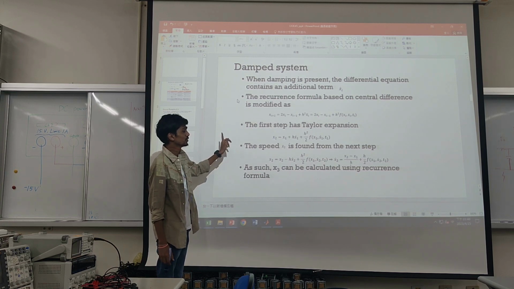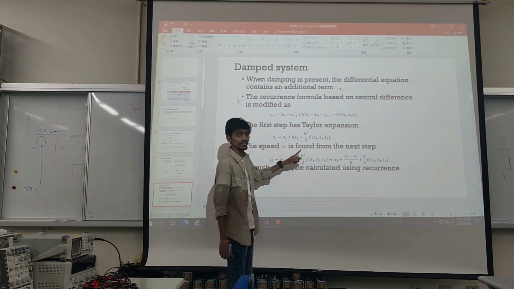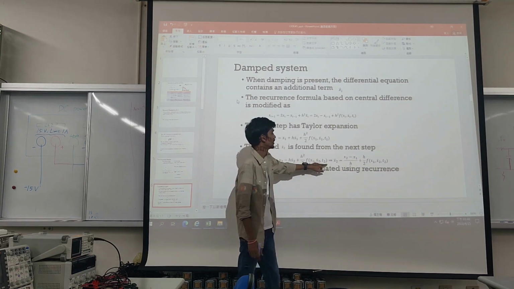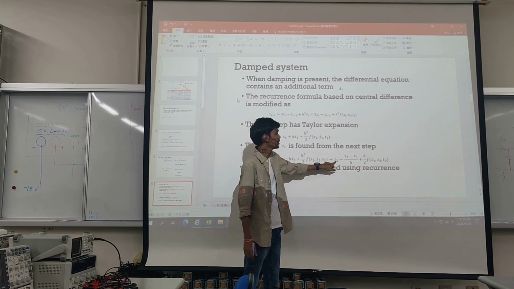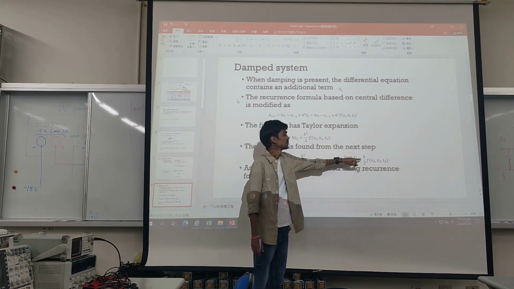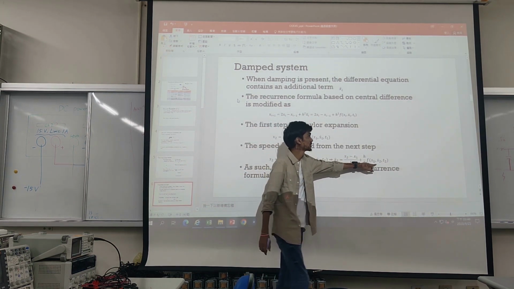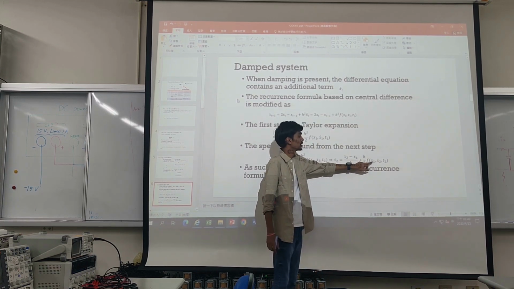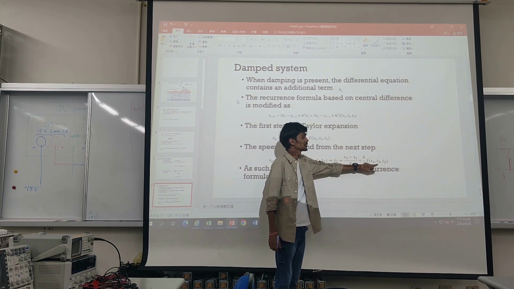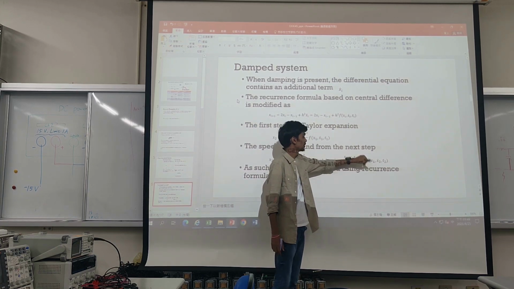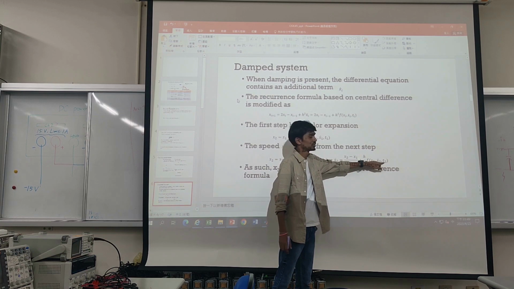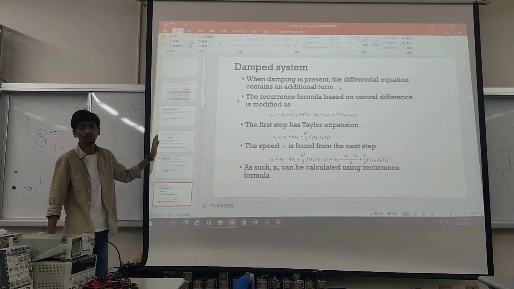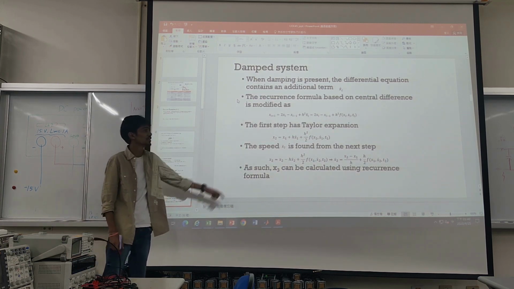For the speed of x2, we use our simple formula: x2 dot is equal to x2 minus x1 divided by h plus h by 2 times the forcing function. This function consists of three variables: x1, which is displacement, x2 dot, which is speed, and the time. So this is a function of all three. Similarly, we have to calculate for x3 using the same way.